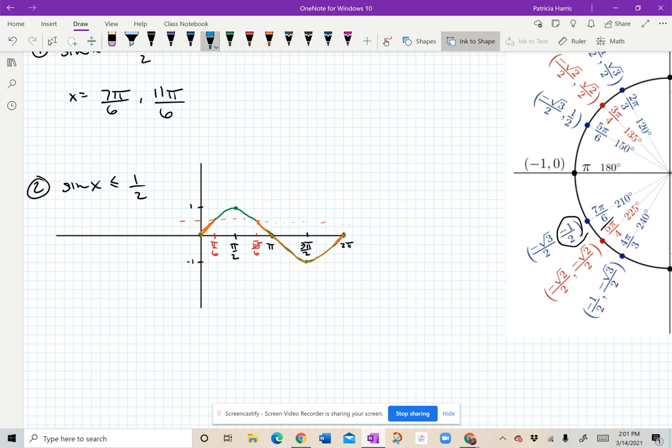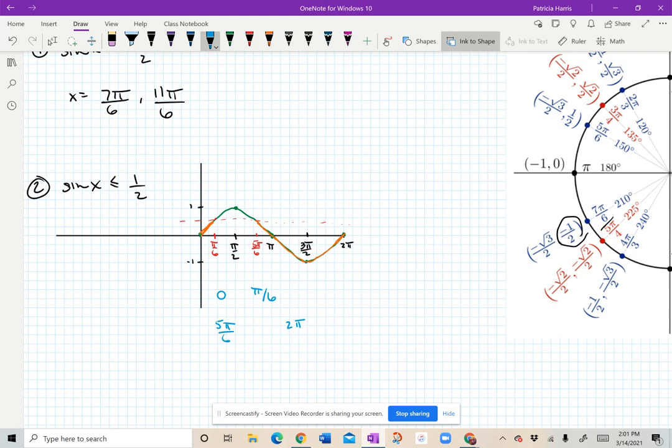So how do we write that? What's my answer? So what we're going to do is say, okay, well, 0 to pi over 6. And then it's above 1/2. And then at 5 pi over 6, all the way back to 2 pi, it stays below.